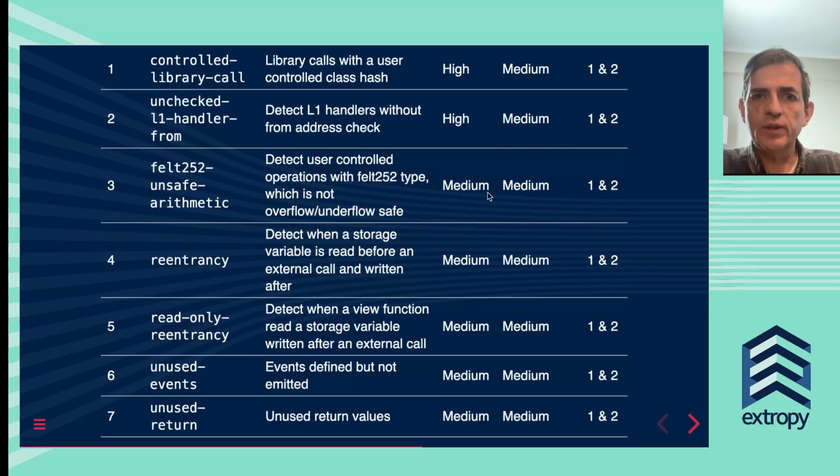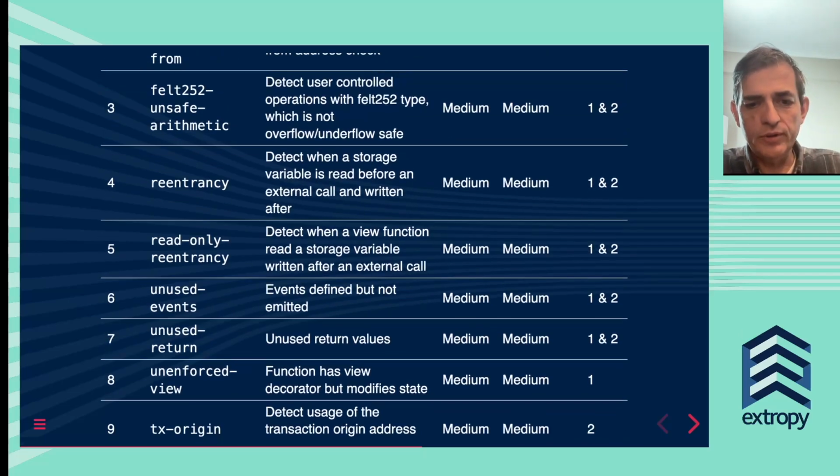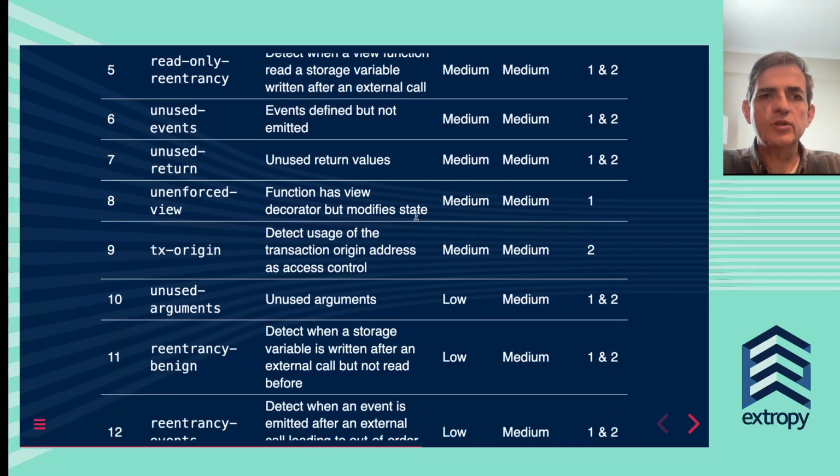The third one, we are not doing a safe operation with the felt252 type. The fourth one, obviously a very well-known type of vulnerability, is reentrancy. Then we also have read-only reentrancy. Obviously, that's slightly different.